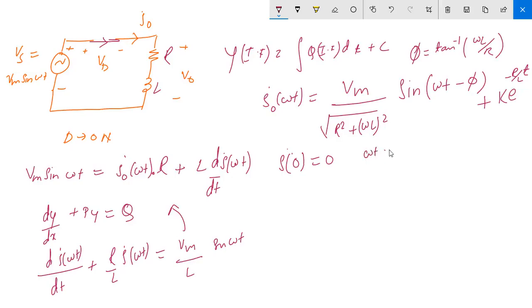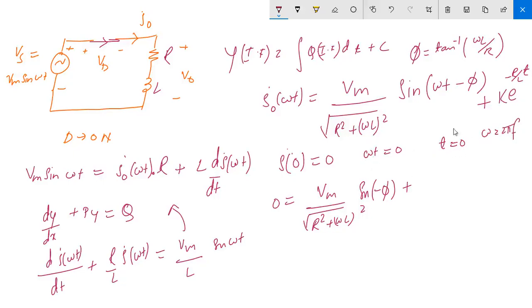So you can get 0 is equal to Vm by root under R square plus omega L square into sin of minus phi, plus K. Here t equals 0, because omega will never be equal to 0, as omega is 2 pi f, so the multiplication is 0.